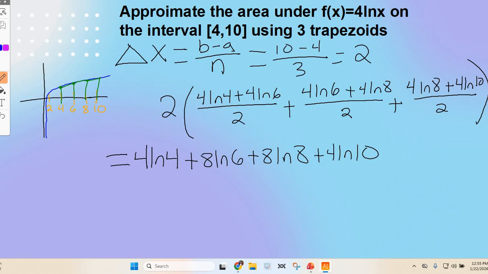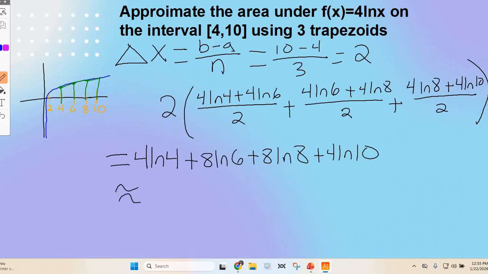Now, if this was a non-calculator active question, especially a multiple choice question, they would probably simplify it, and so this would be your answer. If it was a non-calculator active free response question, we could have just left it here. We didn't have to distribute or do anything like that. If it was a calculator active question, we would then plug it into our calculator and get a decimal approximation, because those natural logs aren't going to be super pretty numbers.